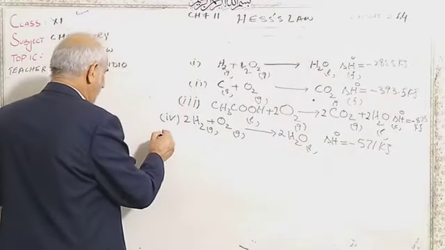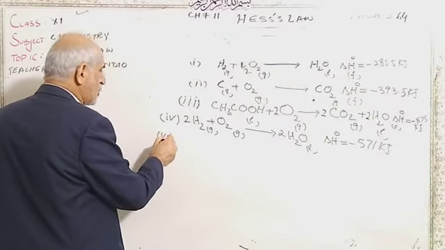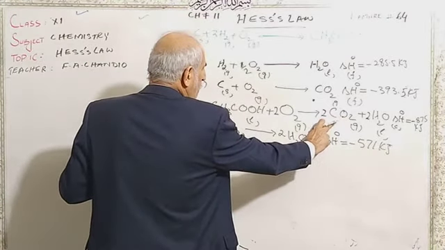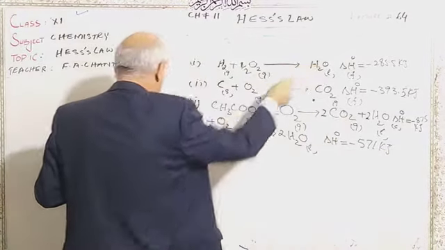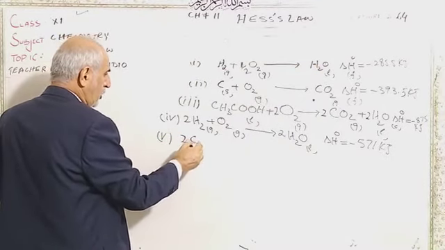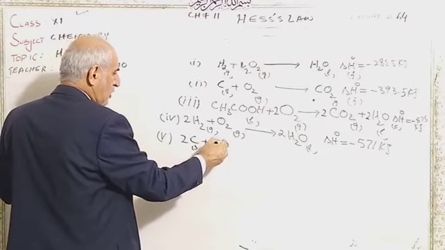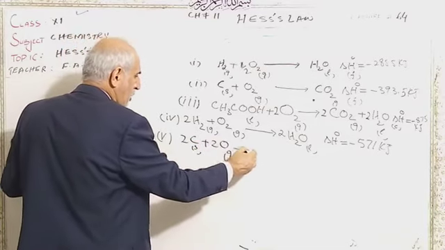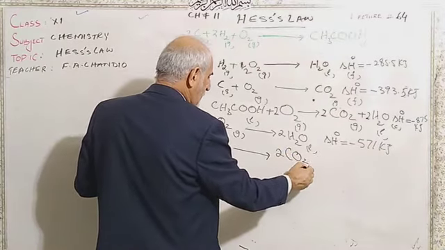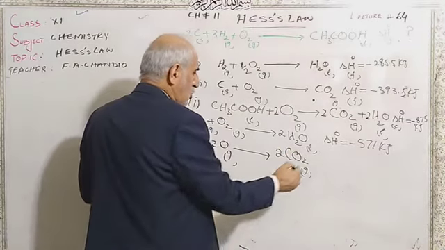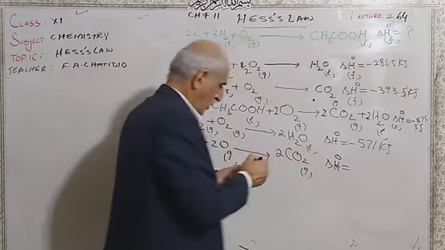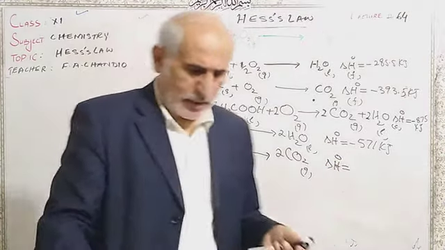after multiplication. Then equation number 5, same procedure I am adopting. So here is again 2 moles of carbon dioxide gas. I must multiply by this 2. So this is 2 carbon solid plus 2 oxygen gas to make 2 moles of carbon dioxide gas. So I am going to multiply this also by 2 because there are 2 moles.